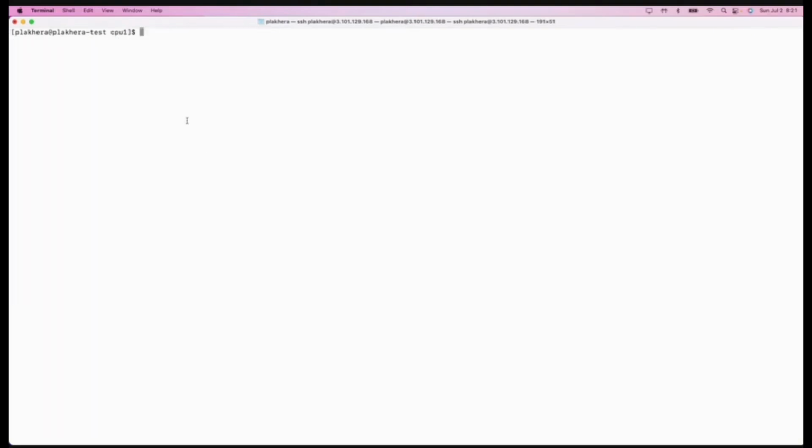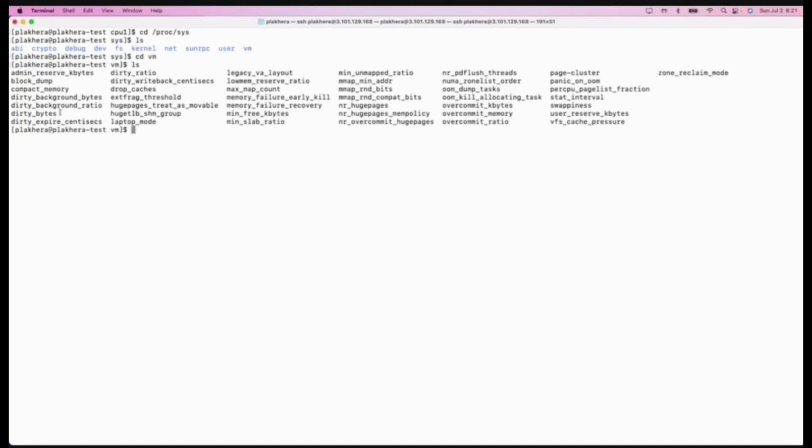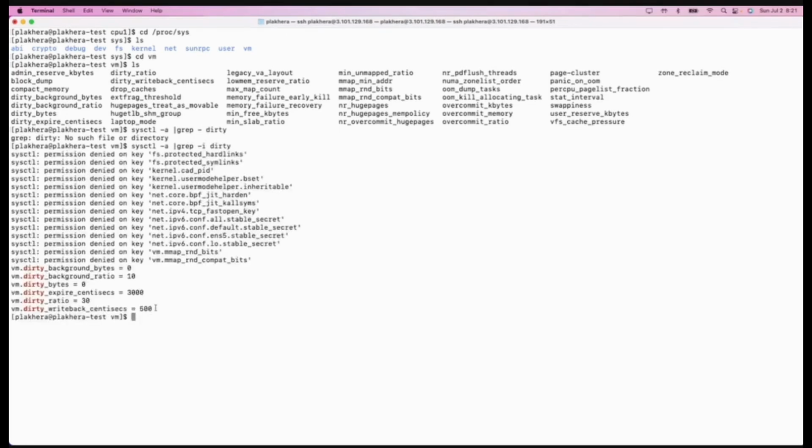The other thing for proc, the most important thing, is proc/sys, where you can change the system-related information. If you go to vm, which stands for virtual memory, you see a bunch of these parameters. If you do sysctl -a and grep for dirty, you see all these dirty parameters.